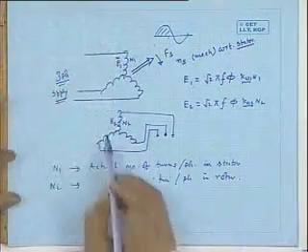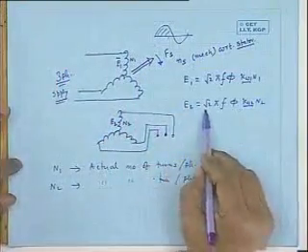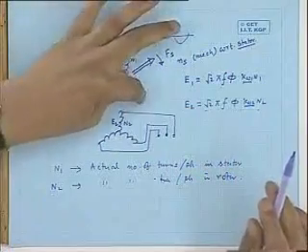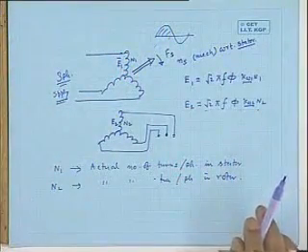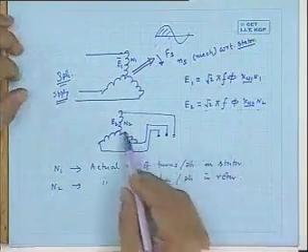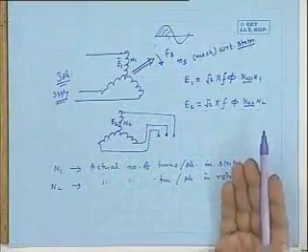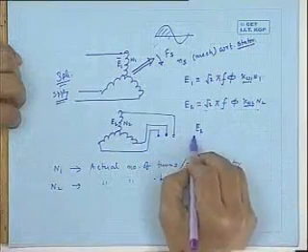Now what I am trying to tell, if you take a voltmeter and measure voltage across the rotor terminals here, you will measure this voltage. Similarly, if you take a voltmeter here, you will measure the primary applied voltage per phase. So what is the ratio of these two induced voltages?